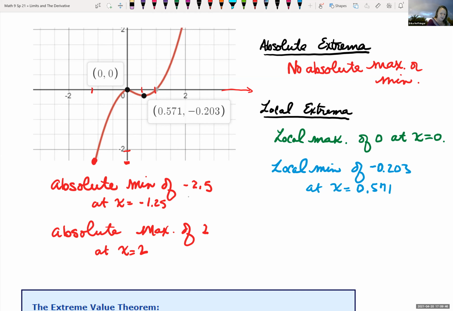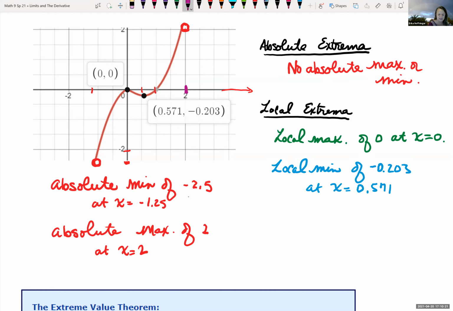So if we took the same picture and let's say that these were open circles instead of closed circles there, and it asked you to find the absolute extrema. In this case, there's actually no absolute extrema because you can give me some x value that's close to 2, for instance, right here, and say, okay, well, it doesn't exist in our domain.